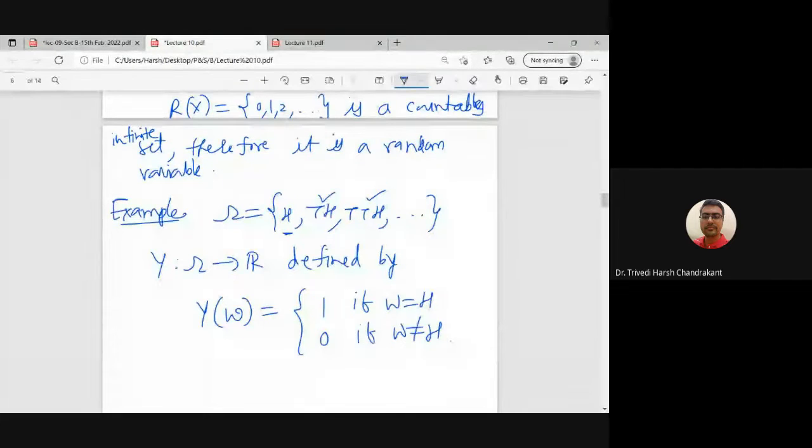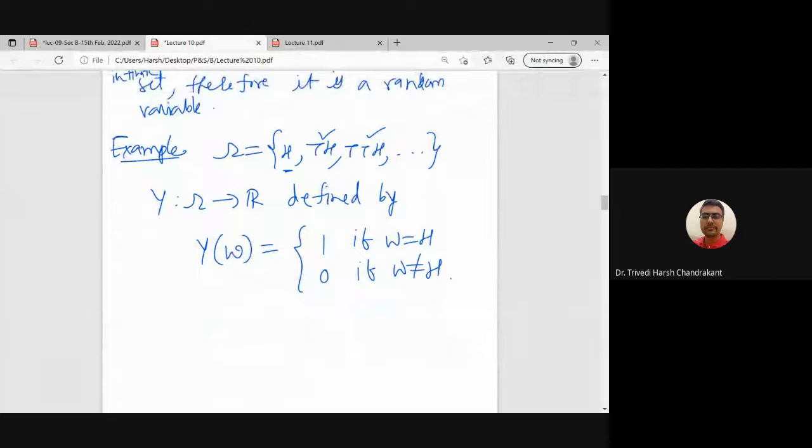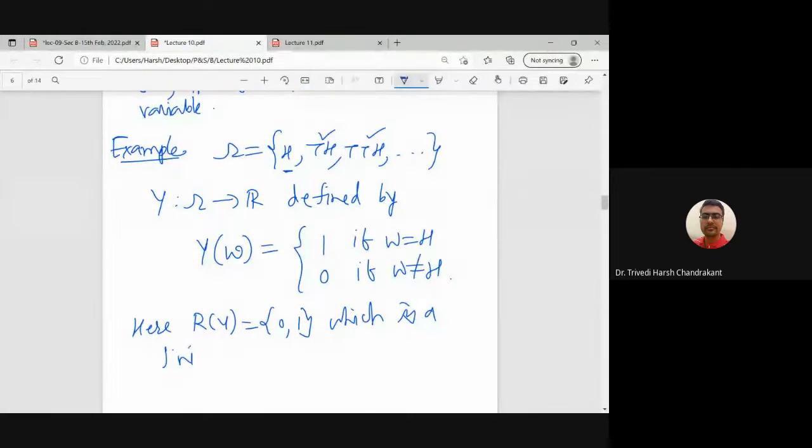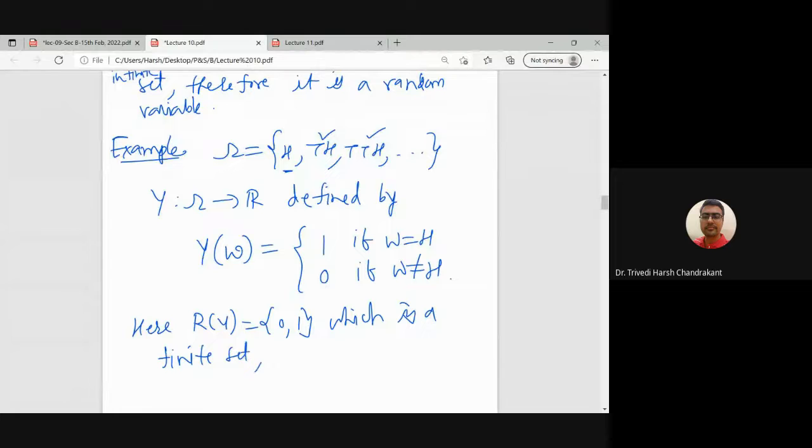Clearly Y takes only two values, 0 and 1. So the range of Y is 0 and 1, which is a finite set. Therefore Y is a random variable.